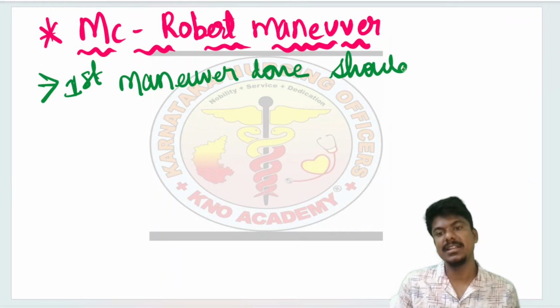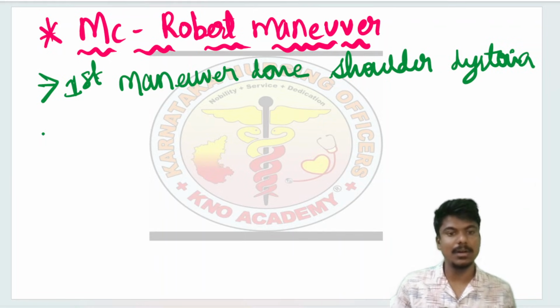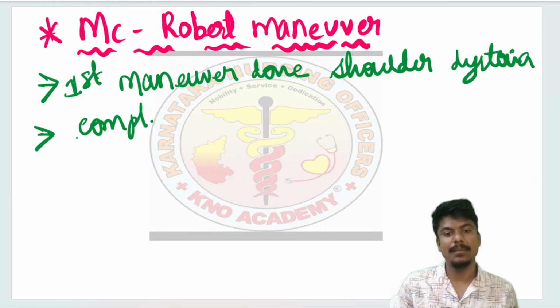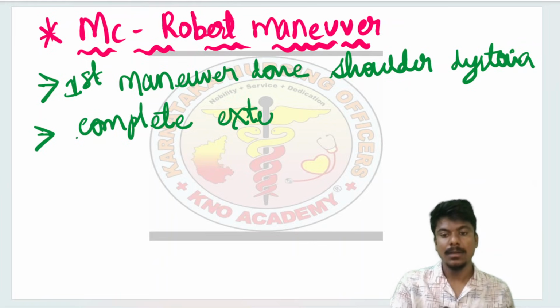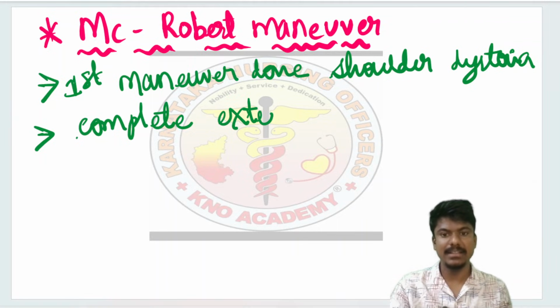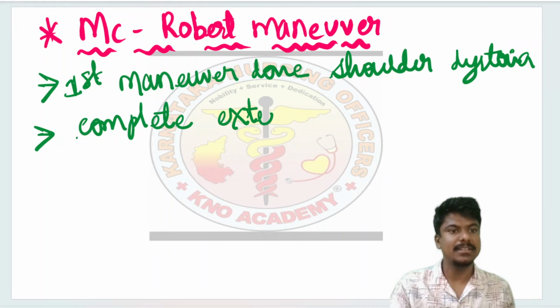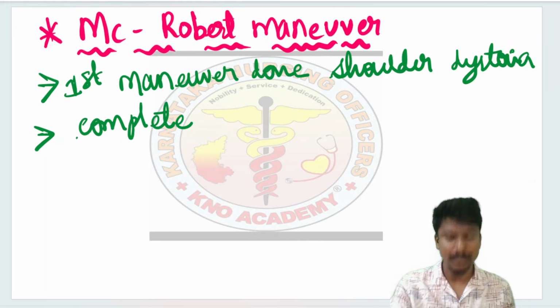What do you mean by shoulder dystocia? Nothing but a difficult shoulder delivery. In case of shoulder dystocia, what will we do? We'll do a complete flexion. Flexion reduces the angle between the two bones.